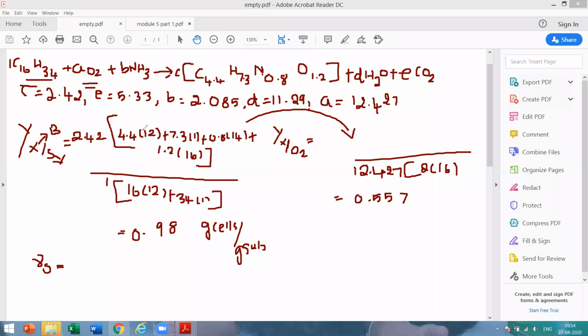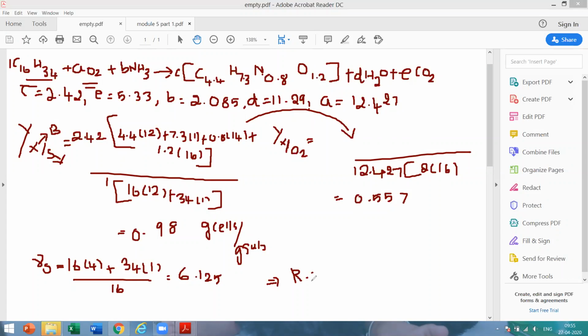Degree of reduction, you people should remember, is then 16 into 4 plus 34 into 1, divided by the number of gram atoms of carbon, that is 16. Usually we do multiplication with atomic weight, but here it is equivalent. So the answer is 6.125.